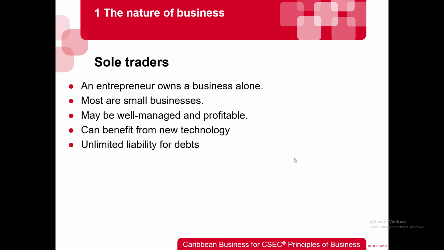Then they say can benefit from new technology. This again is case by case basis, because there are some one man operations out there that are all based on e-commerce. Now, those are really on the cutting edge of technology. Some people actually sell things on Amazon, sell things on eBay. They are sole traders. They're the only one running the business, but they're still on the cusp of technology, e-commerce.